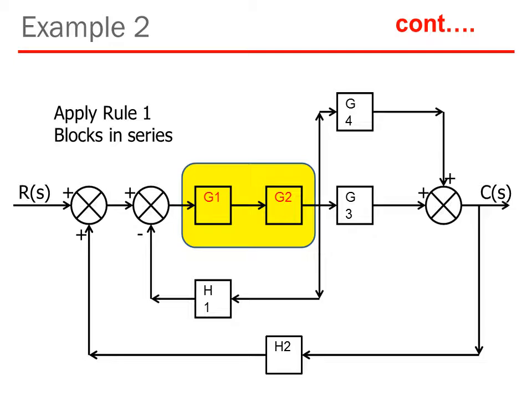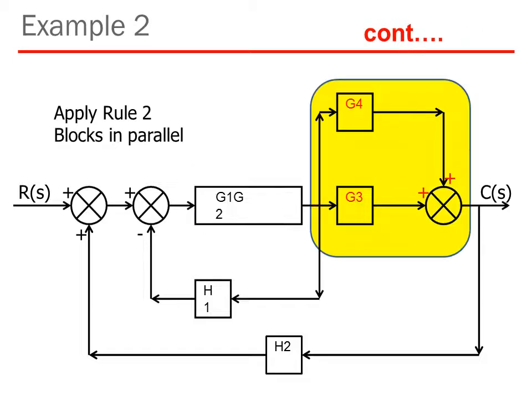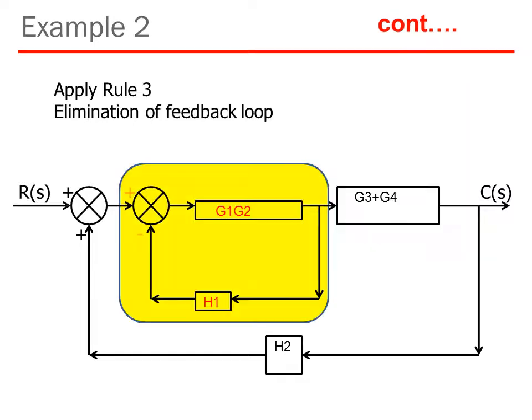You can multiply them according to rule 1, so it becomes G1 into G2. Now see the next blocks G4 and G3. They are in parallel, so they will get added: G3 plus G4. Now apply rule 3, elimination of feedback loop for H1.